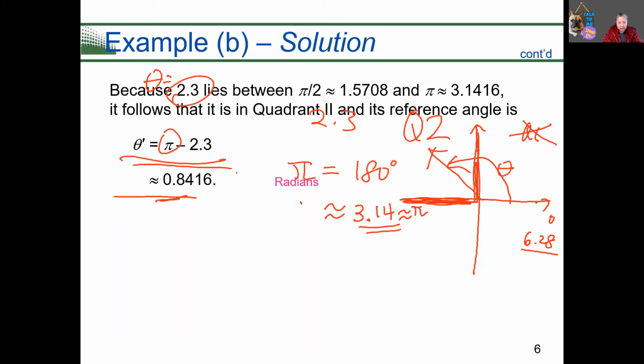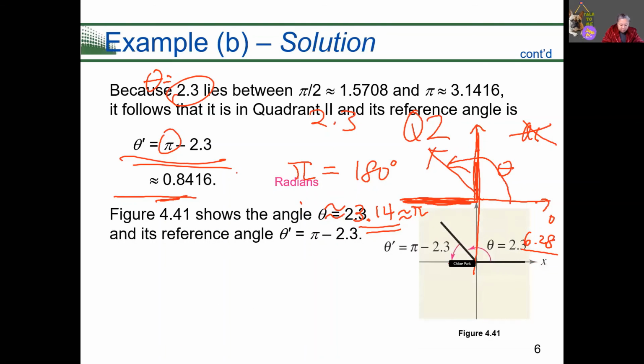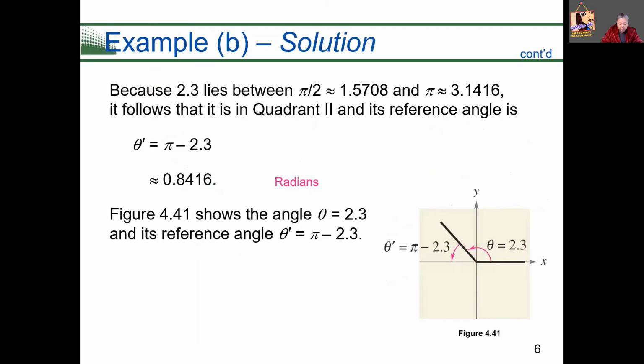That's the reference angle. Your answer should be 0.8416, and the problem will probably say what decimal point to round to, if it was an actual test problem. That way we can figure out the reference angle measure. Does this make sense?